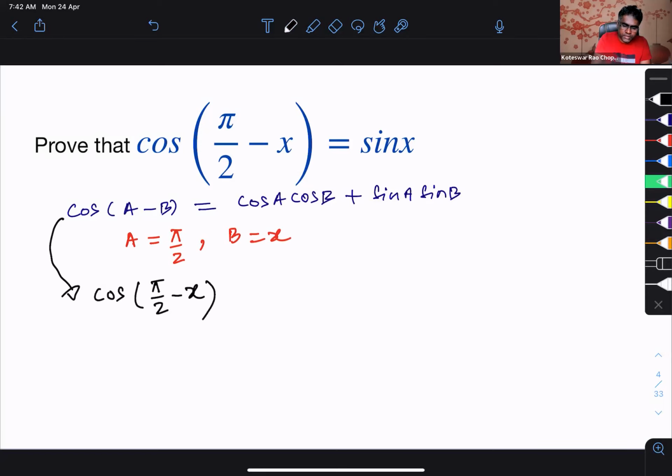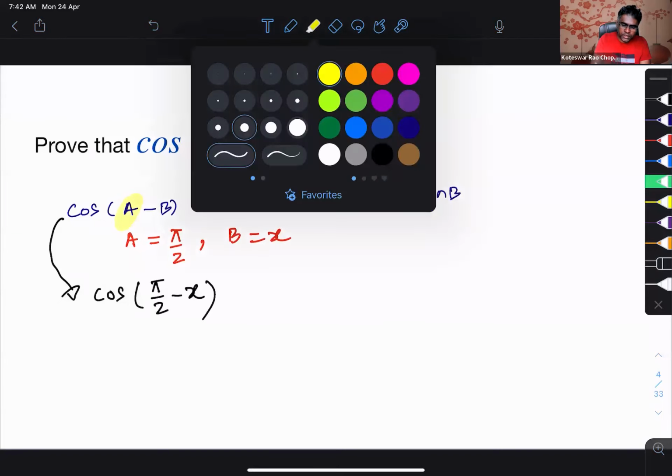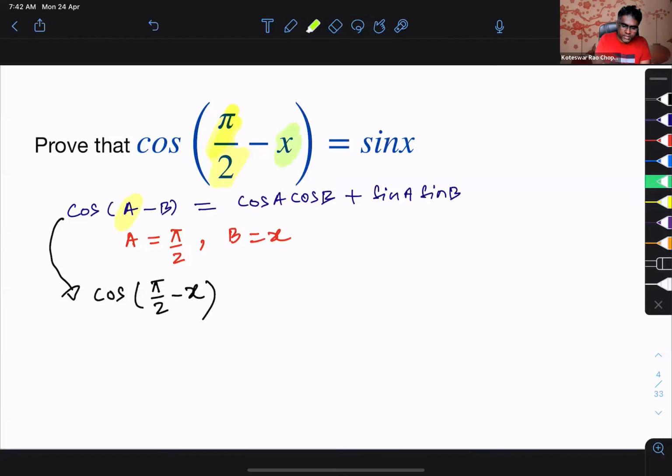Okay, so understand this. So I'm just taking pi by 2 as a and x as b. Okay, so we're just substituting. So now the right side should also be equal if you substitute the corresponding values for a and b. So let's do that. Okay.